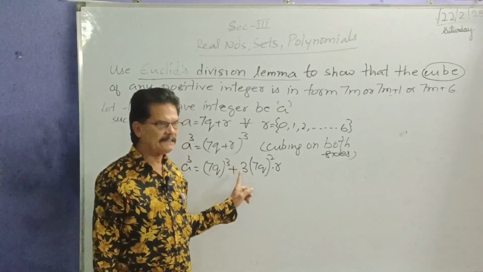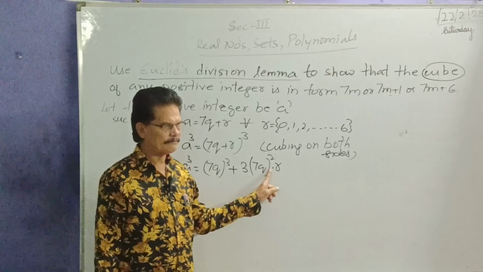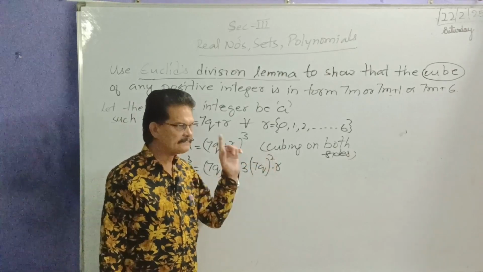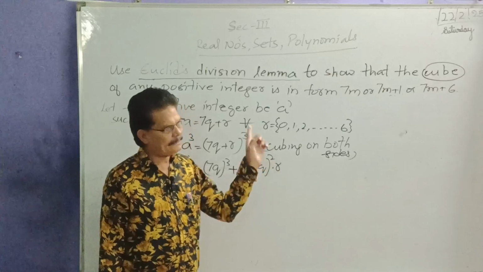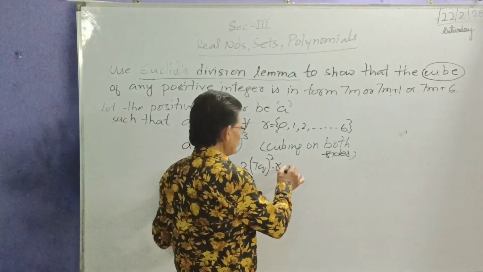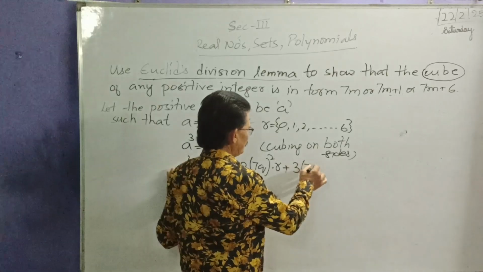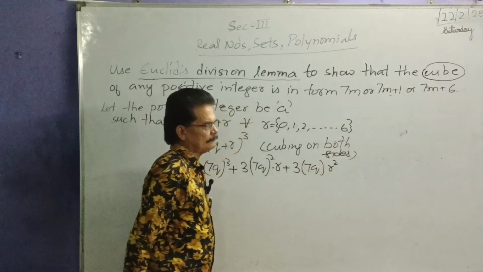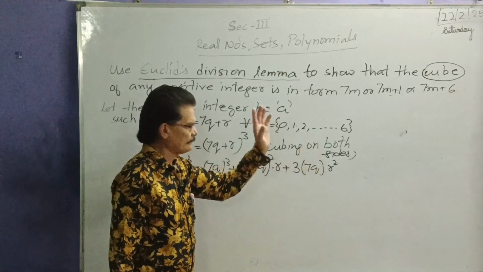This is 3a square b. Next, a b square, plus 3a b square. 3ab square.